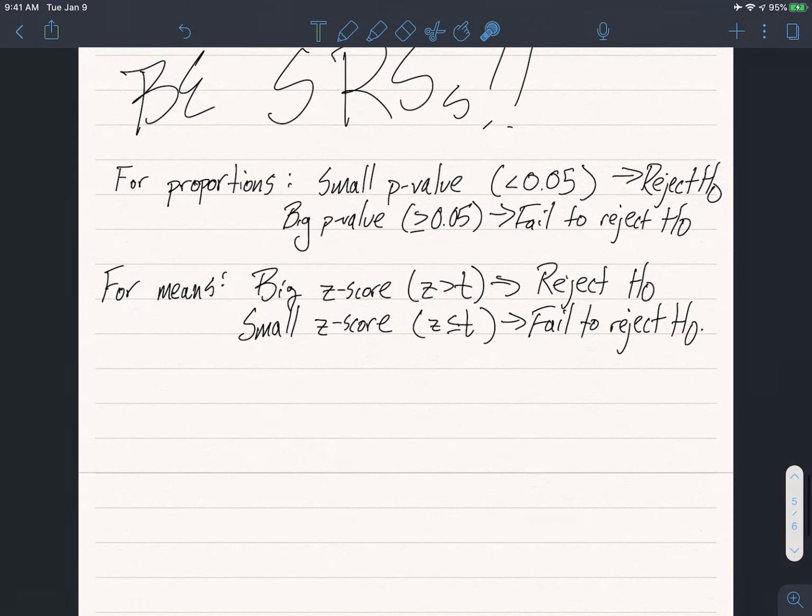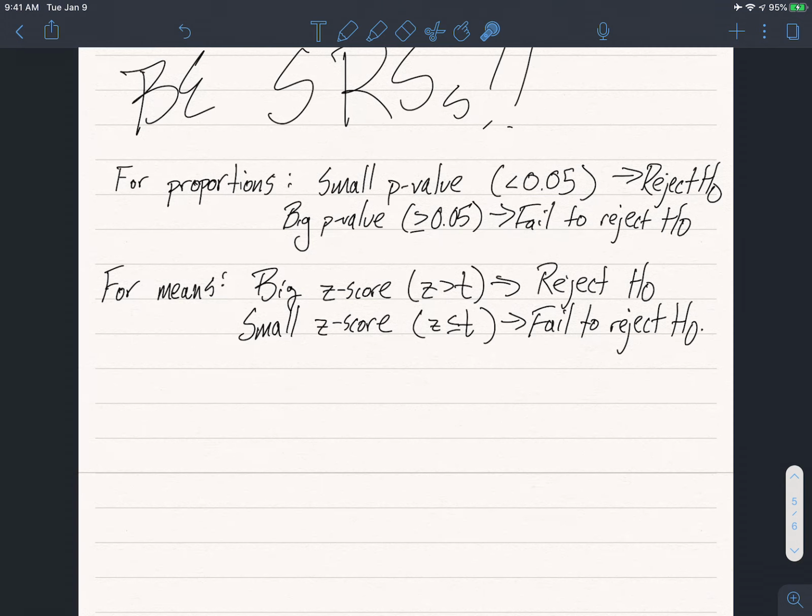And that is a huge difference. For proportions, you come up with something called a p-value, which represented a probability. Small probabilities lead us to reject what we assume to be true, right? Because small probabilities do not happen often. So since small probabilities do not happen often, we assume we made a mistake in our assumption, so we reject the original claim. A big p-value, big probabilities happen all the time. We're not concerned about that, so we don't think anything was wrong with our assumptions, right?